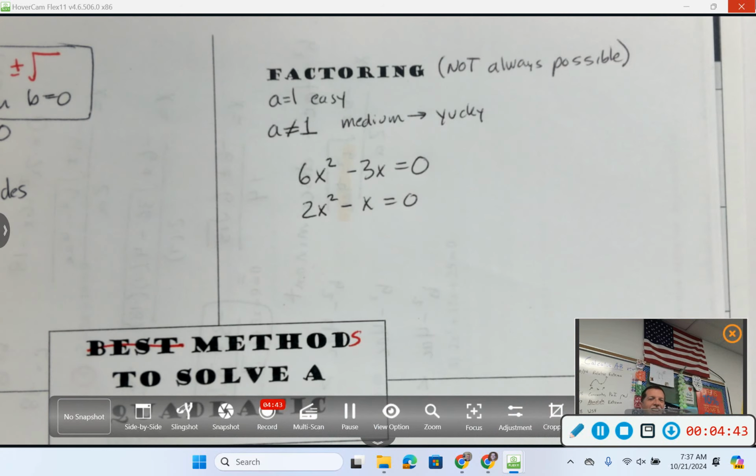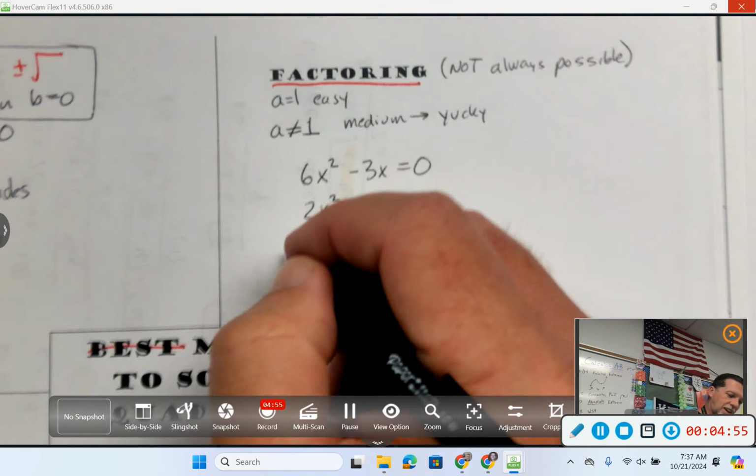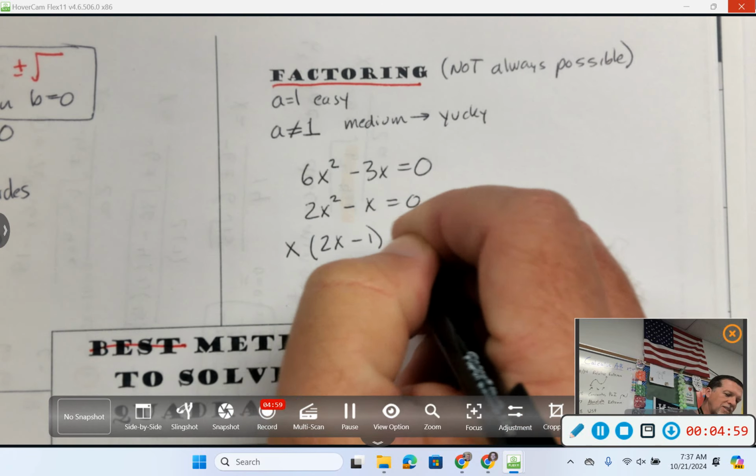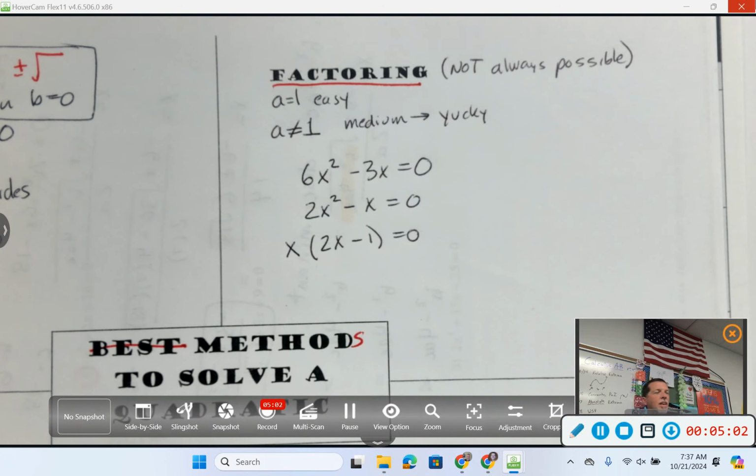What would you like to do next? How are we going to factor that? Take out an x. This was also on the test. Take out an x: x times (2x minus 1) equals 0. So set both of them equal to 0.